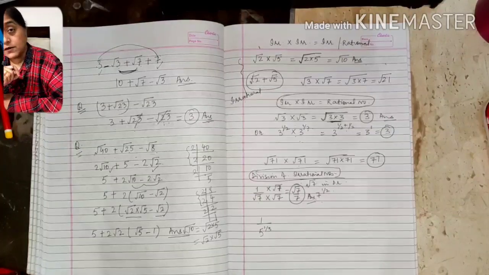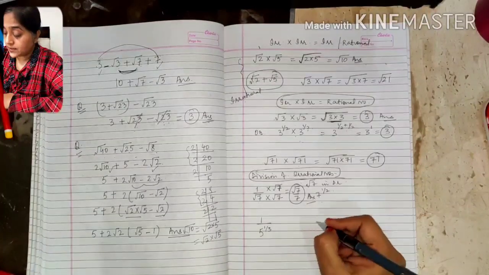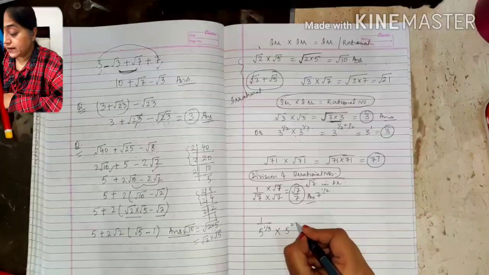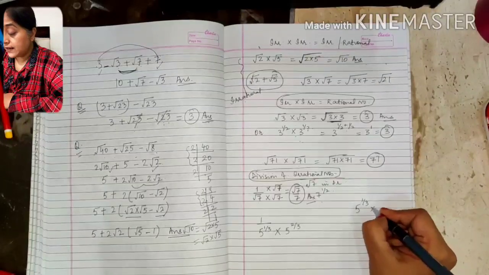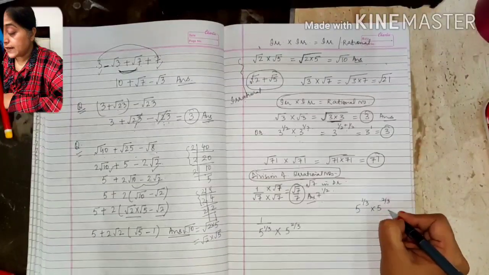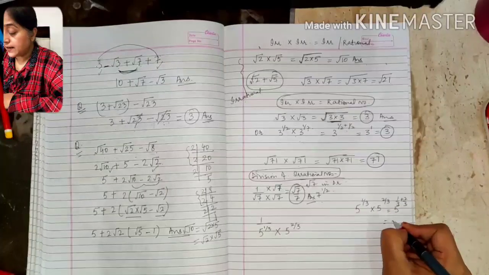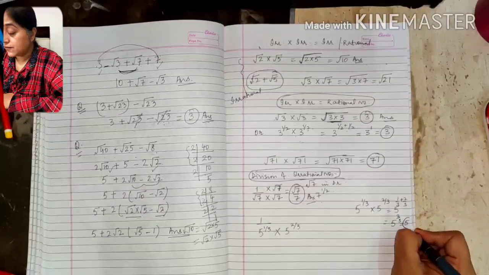By what power of 5 should this be multiplied to make it the rationalizing factor? 5 raised to 1 by 3 should be multiplied with 5 raised to 2 by 3. See how: 1 by 3 plus 2 by 3 becomes 3 by 3, that is 5 raised to the power 1, which is 5.